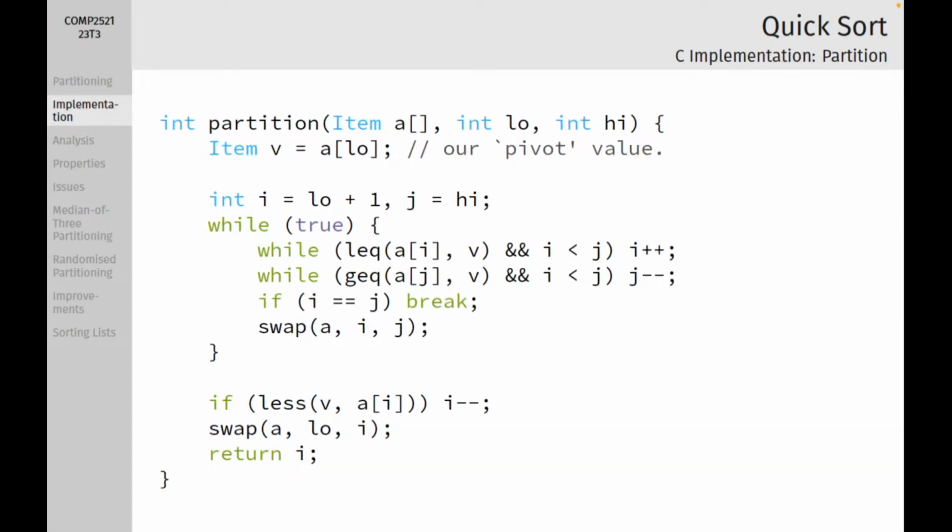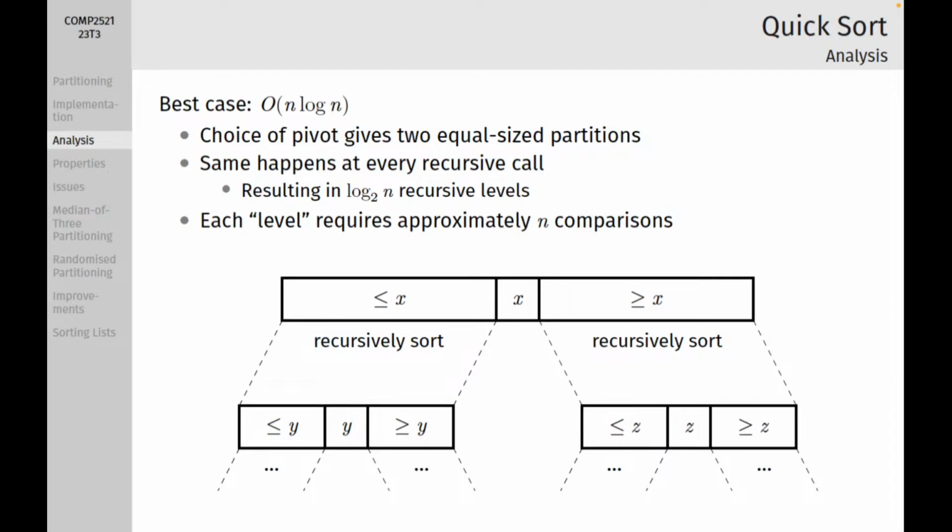So now for the analysis of quicksort. The best case of quicksort is O of n log n. Why is that? Well, in the ideal case, the pivot that we select ends up in the middle of the array, or near the middle. So we have two roughly equal halves of the array, and we recursively quicksort each of them.